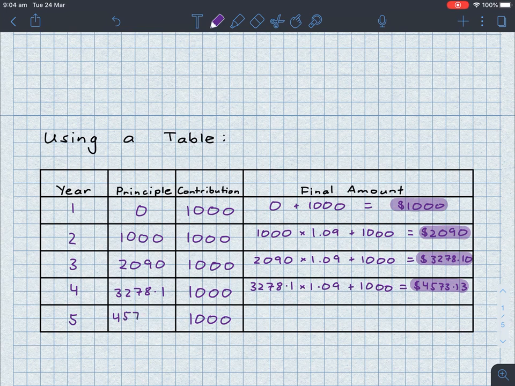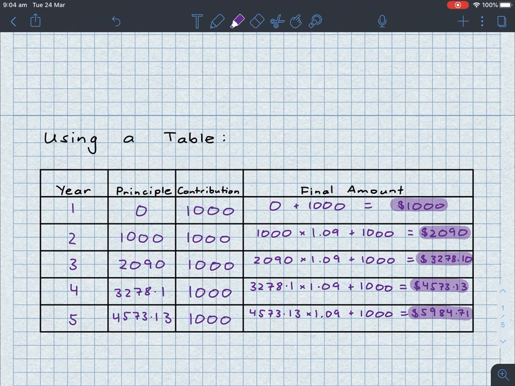We start with 4573.13. That amount earns 9% interest, so I times it by 1.09, plus the extra $1,000 at the end of the year means that we end the 5th year with $5,984.71.